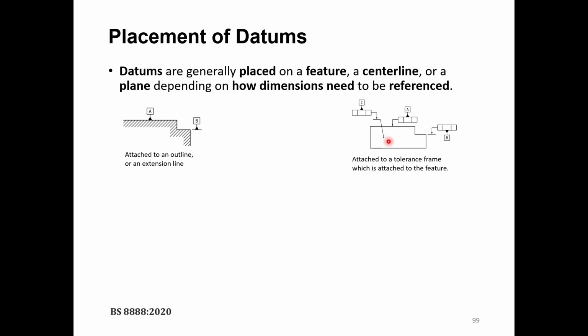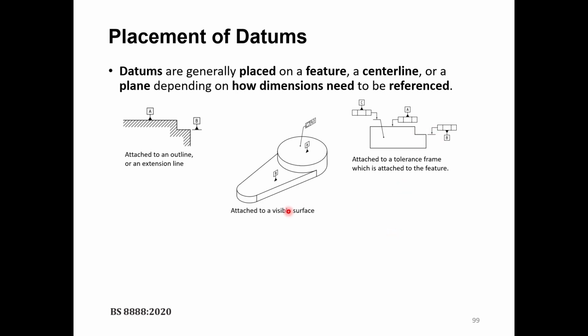So it means that this surface is used as datum C. Here, this top surface is used as datum A, and this surface is used as datum B. So the datum itself could be attached directly to the surface or extension line, or could be attached to the feature control frame, where the feature control frame itself is attached to another thing like this surface, or this top outline, or this extension line.